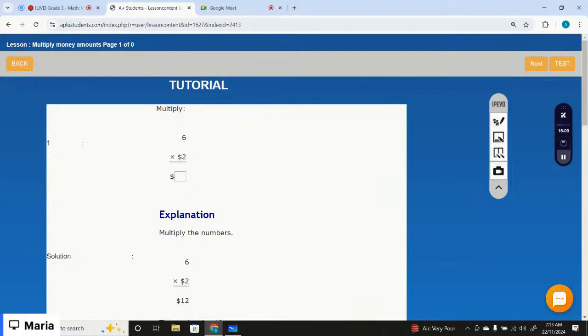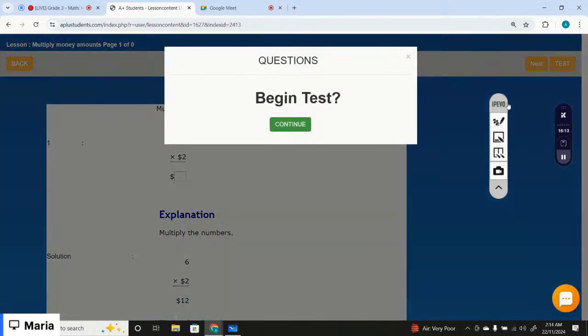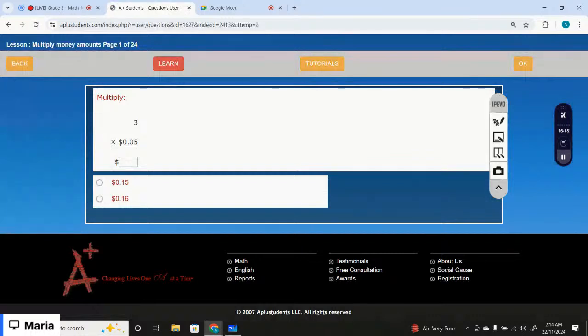Let's just start with the test questions. Let's see how do we multiply. 3 times 0.05, so which is the correct option?